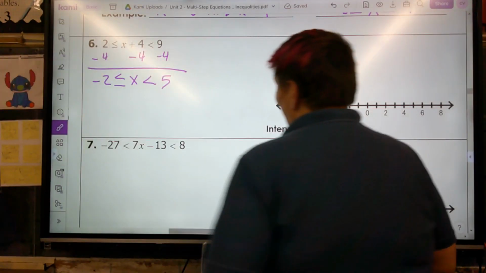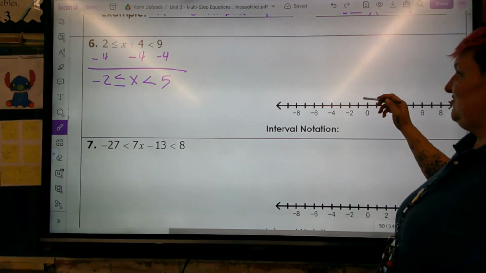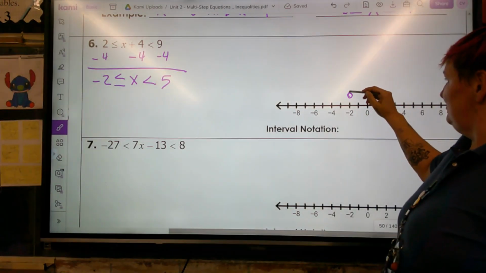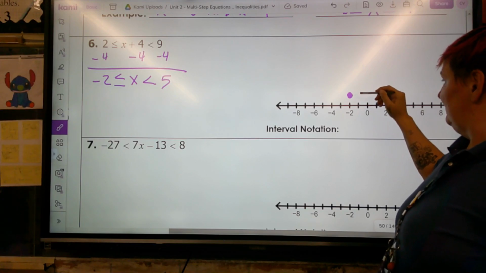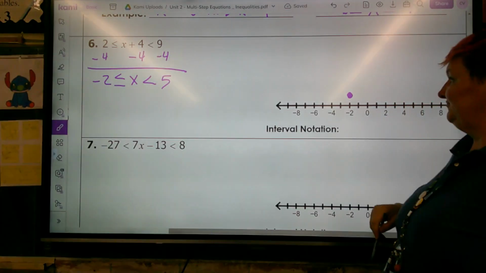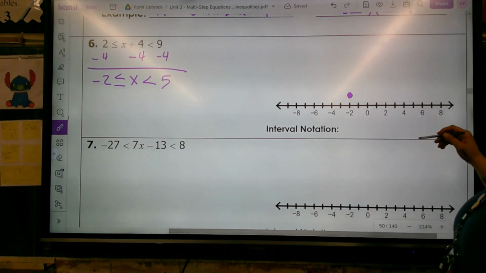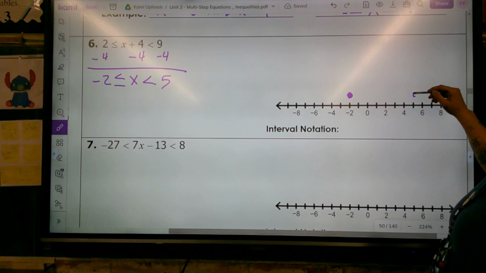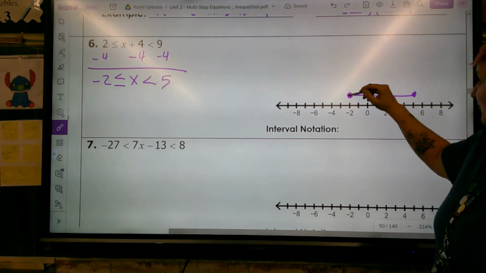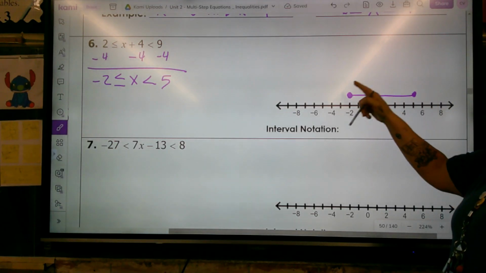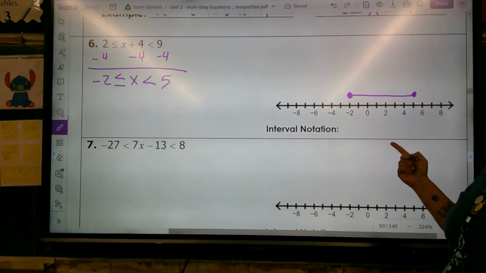Right? And to graph that, x is greater than or equal to negative 2, and x is less than 5. So first you put either a closed circle or an open circle, and then you connect them.